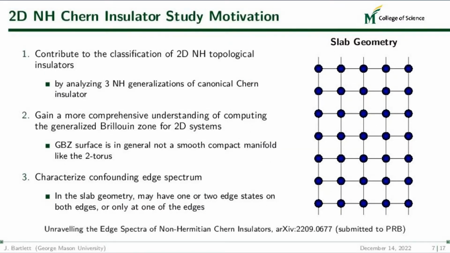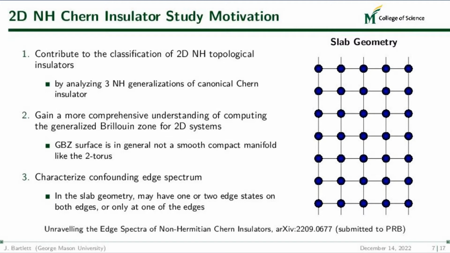Okay, so now that I've introduced some of the major topics, I'll get into what my research was concerning. What I was looking at was characterizing two-dimensional non-Hermitian Chern insulators in the slab geometry specifically. The slab geometry is where you have a finite x direction and an infinite y direction.